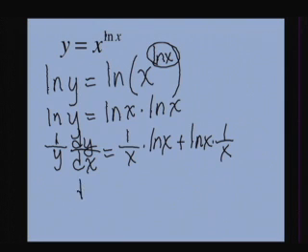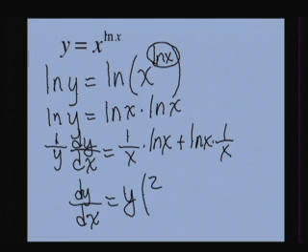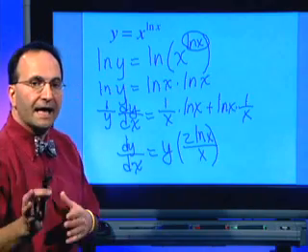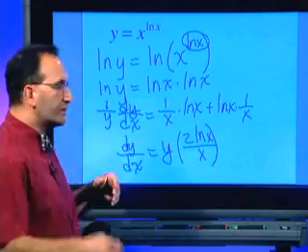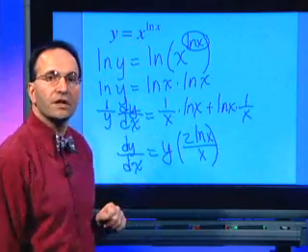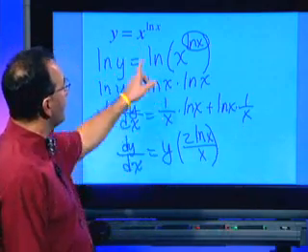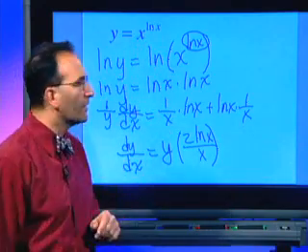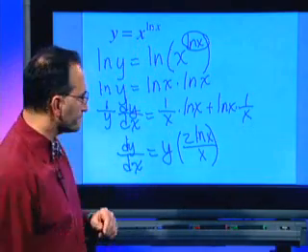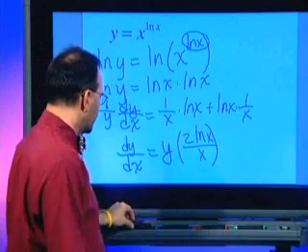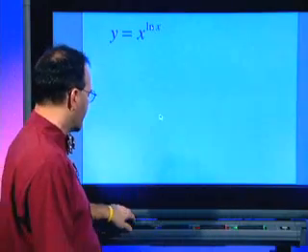But in addition to that, we can multiply by the y. And so we'll have y times 2 natural log of x over x. And as we've done before, what we're going to want to do is make a substitution for y. We know that y is equal to x to the log of x. So we will get this answer.